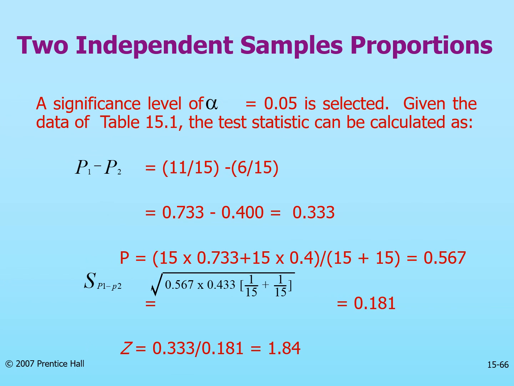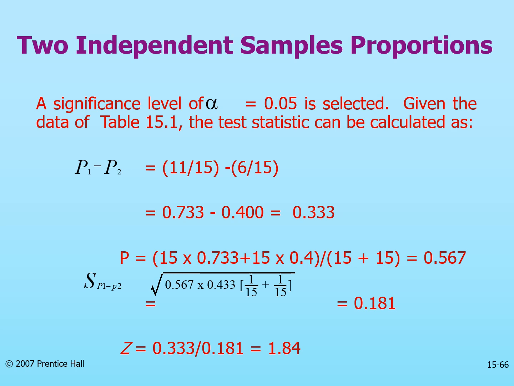So at alpha of 0.05, given table 15.1, P1 is 11 upon 15 minus 6 upon 15, so 0.33. The combined proportion comes to N1 times P1 plus N2 times P2 upon N1 plus N2, which is 0.567.